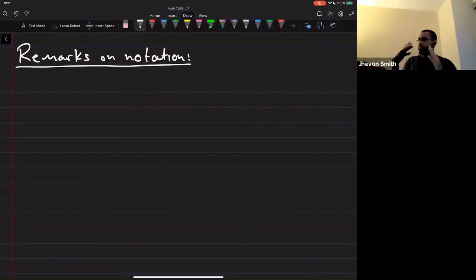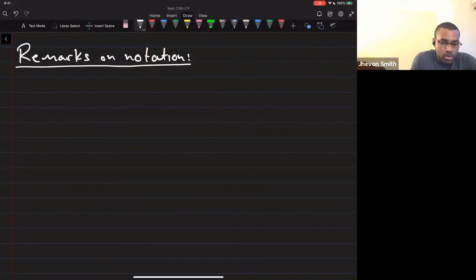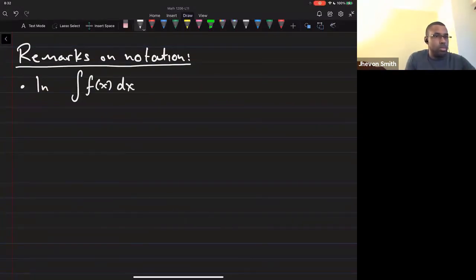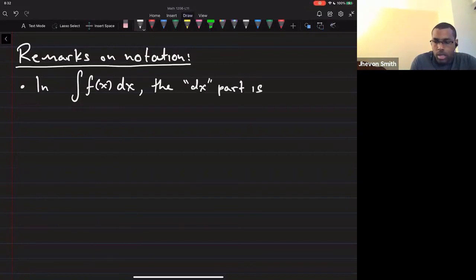So I do want to talk a little bit about notation and some things that you want to pay attention to when you're writing it down. So in, say, the integral of f of x dx, the dx part is important.